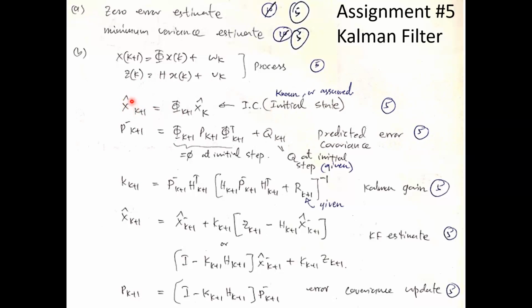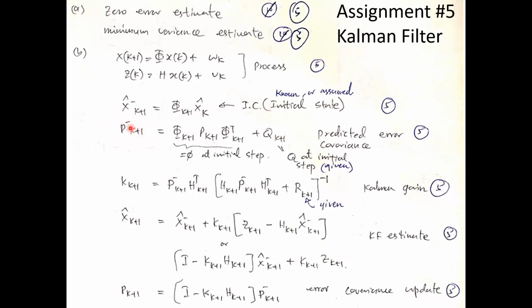You put a negative sign, x hat minus, because this is not the final one. This is only the first estimate, starting from x hat k, because otherwise we don't know anything. So you have to start with some initial conditions.